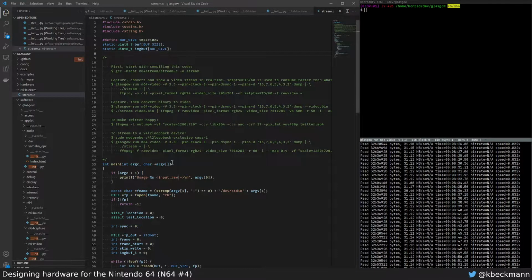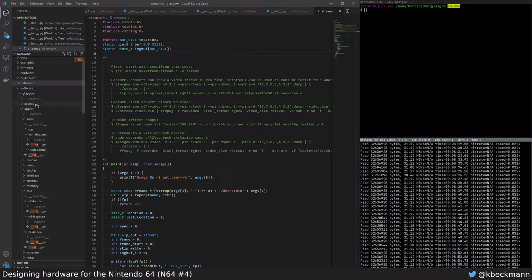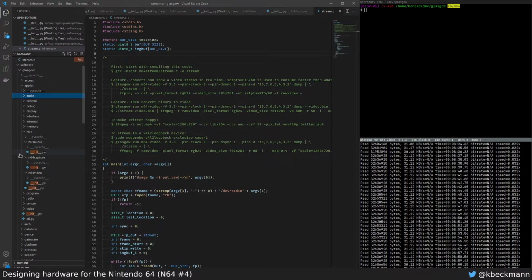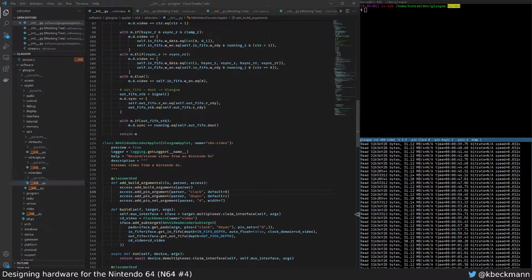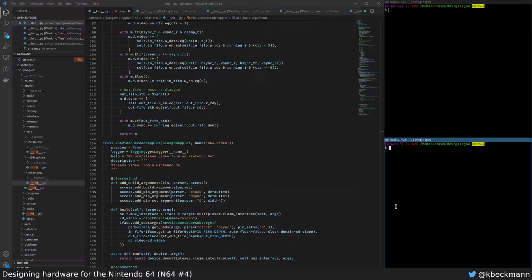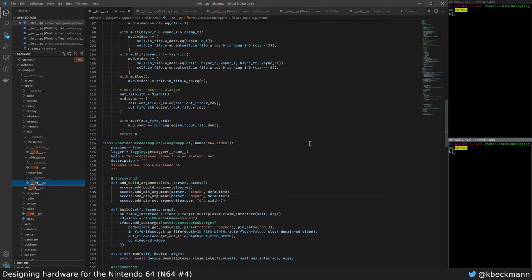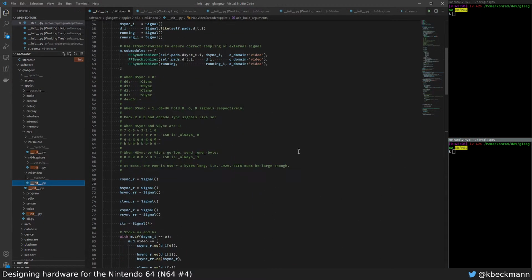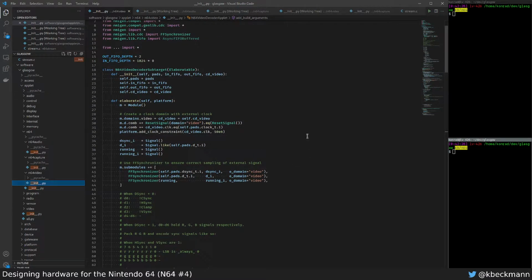So the way it works is that I have this Glasgow applet. Let's bring that up. I guess we can start here. Maybe this is annoying to look at. Yeah, where should I start?